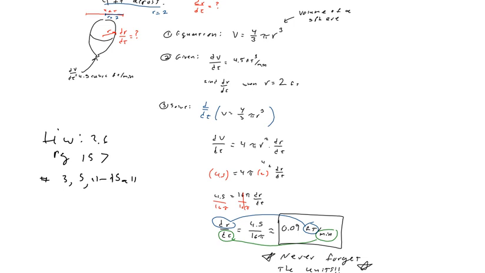It's like 7 questions. 2.6, page 157, 3, 5, and 11 to 15 all. Practice finding the formulas, practice finding the units, practice doing your derivatives. And we'll get more into this. This is solving related rates. That's the title of these notes, solving related rates.